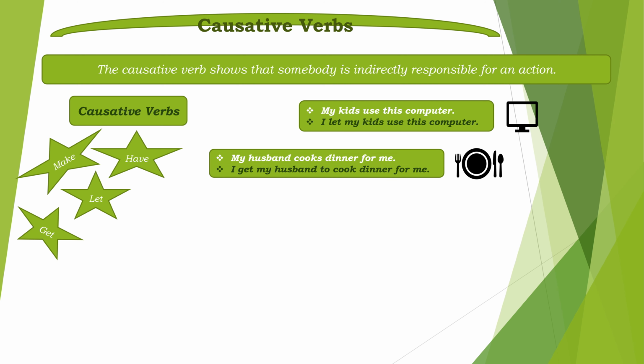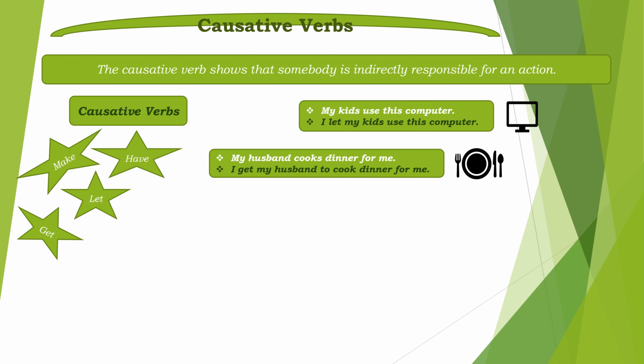My husband cooks dinner for me. This is a regular sentence. In this sentence, it appears that my husband is willing to cook dinner for me. He doesn't have any problem. He wants to cook dinner for me.